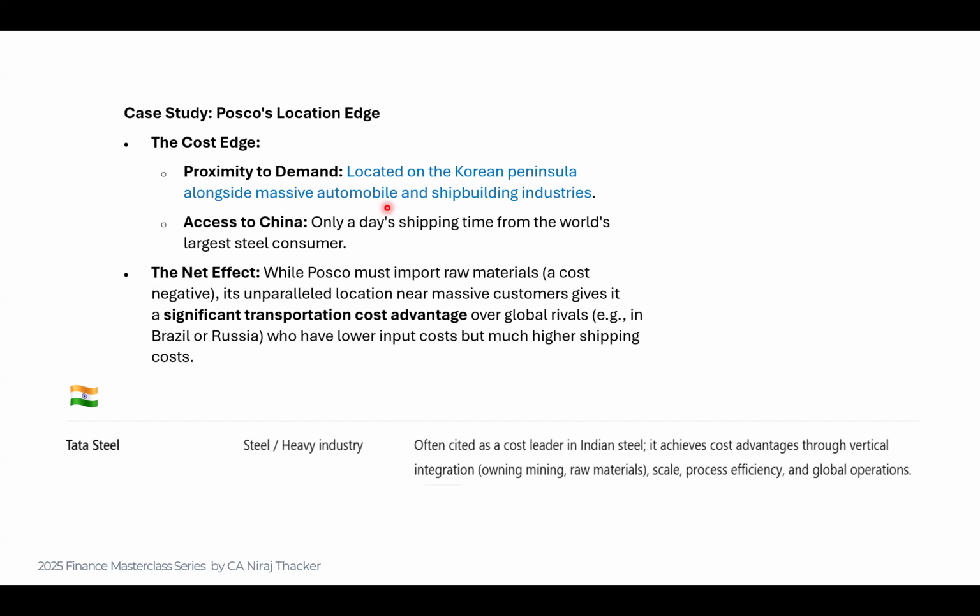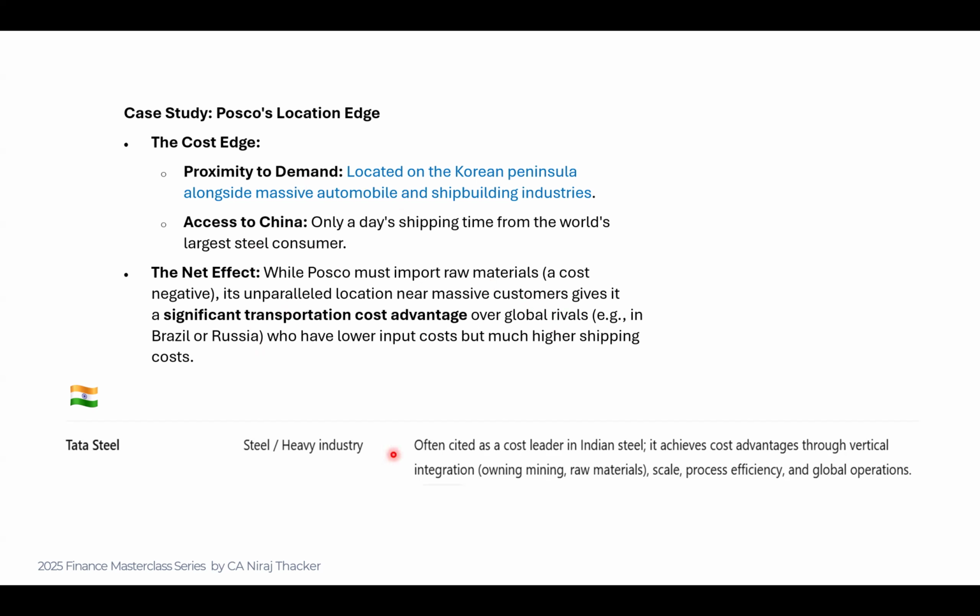So they are able to supply steel to all these automobile companies, and very close to China also, only a day's shipping time from the world's largest steel consumer. While POSCO must import raw materials, a cost negative, its unparalleled location near massive customers gives a significant transport cost advantage over global rivals like Brazil and Russia.